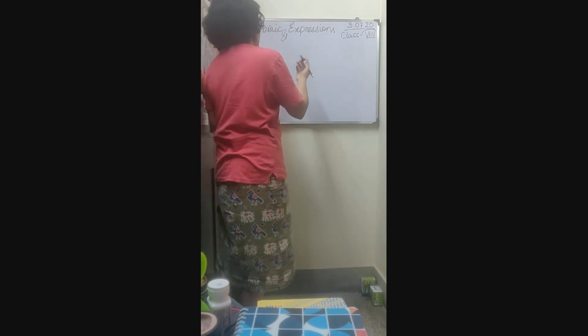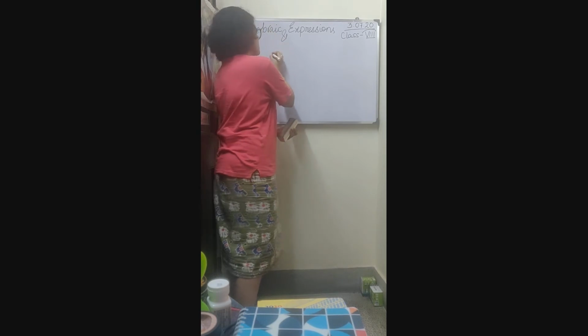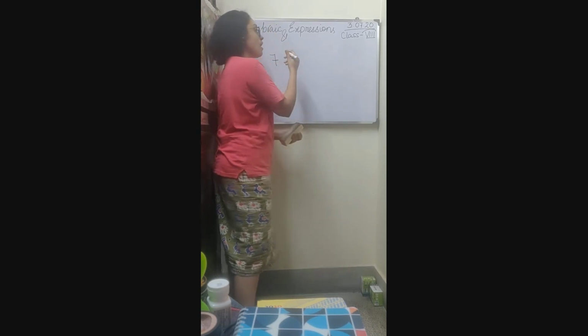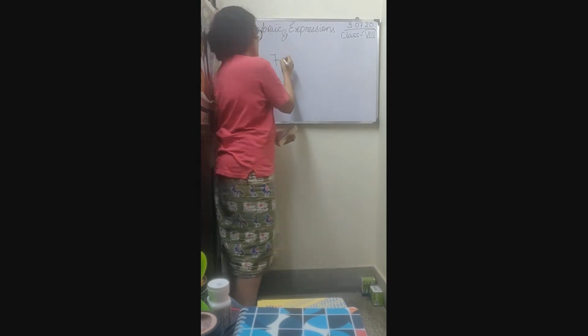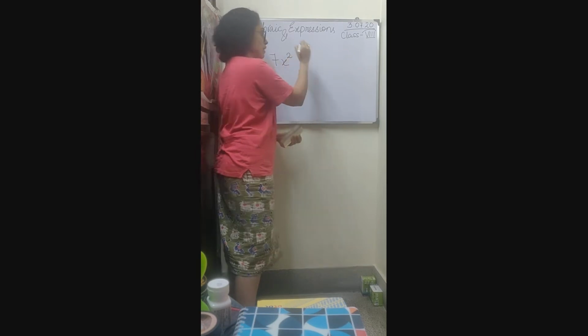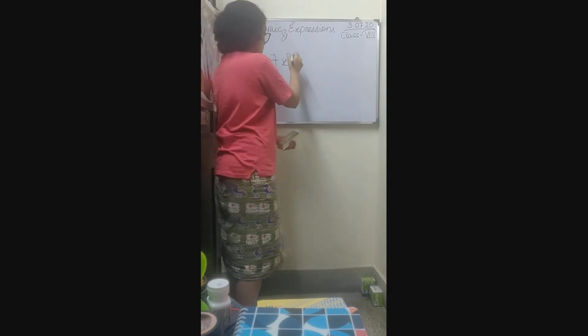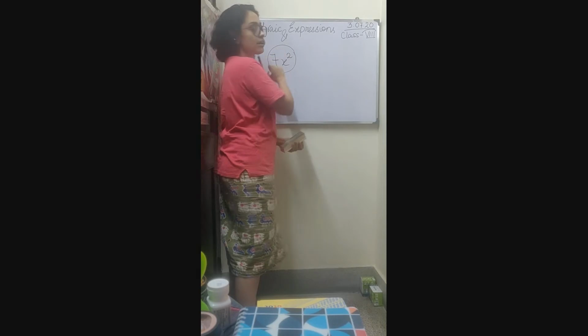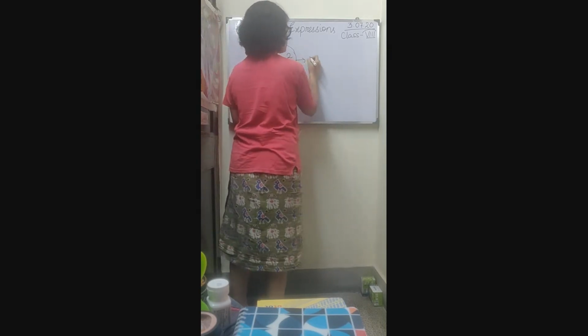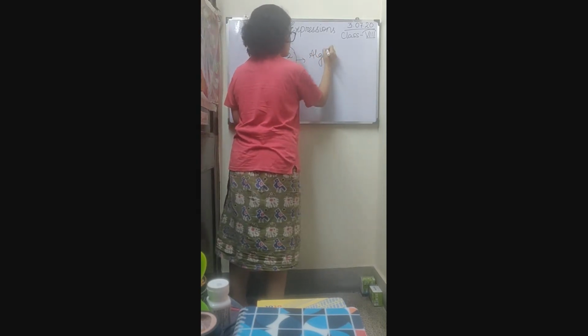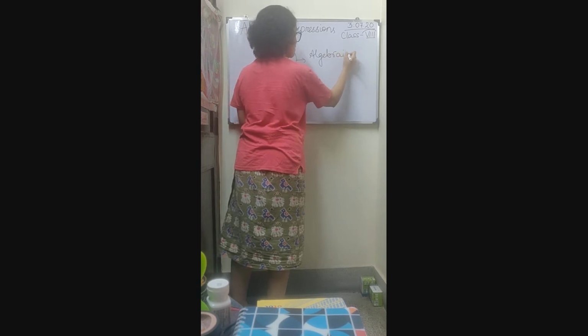For example, if I write 7 as a constant and x square as a variable, this entire thing becomes an algebraic term.